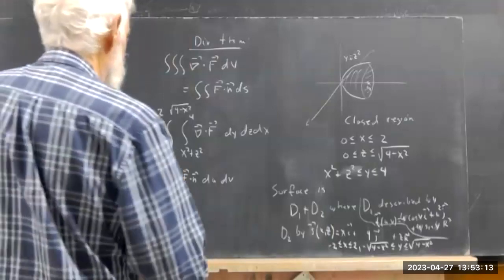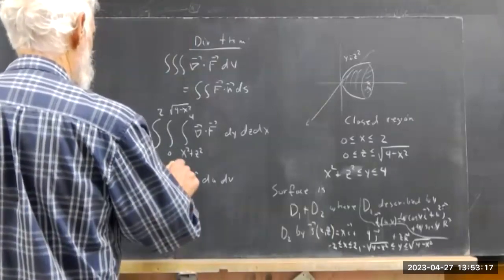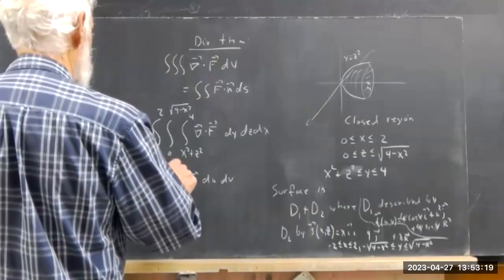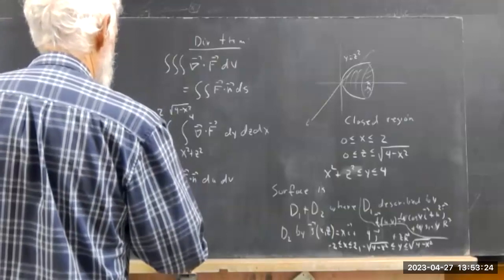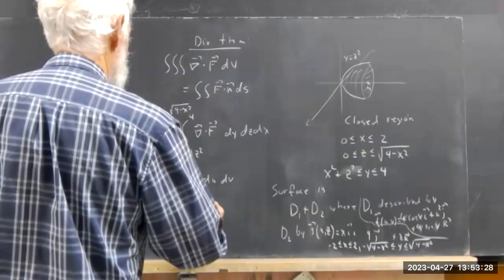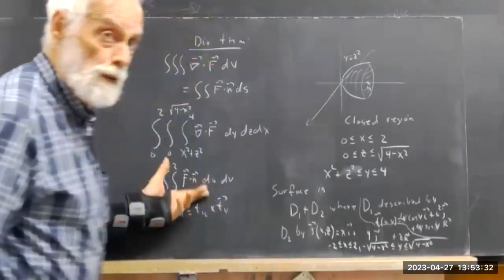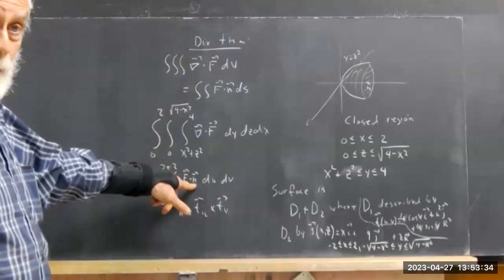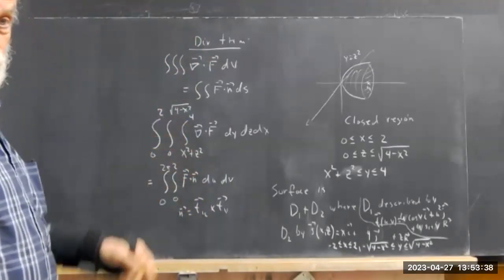Now U goes from 0 to 2, V goes from 0 to 2, and of course N is your TU plus PV from before, so that goes here. Now you've got your integral, and these two integrals should come out the same.